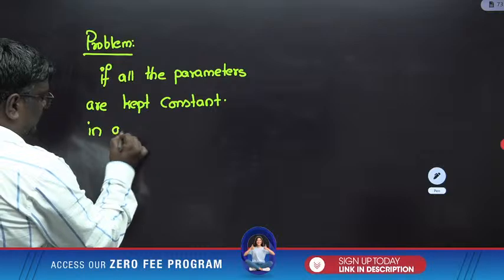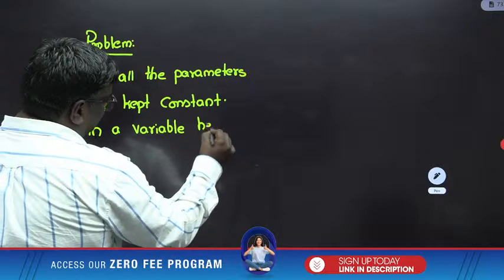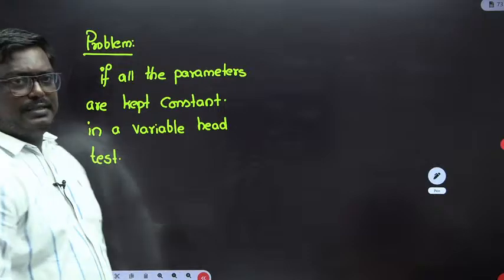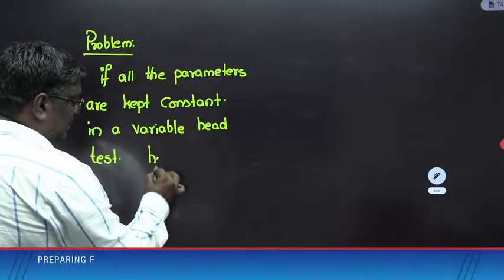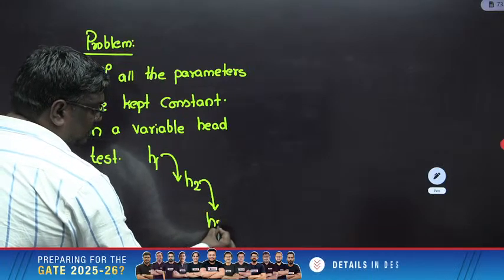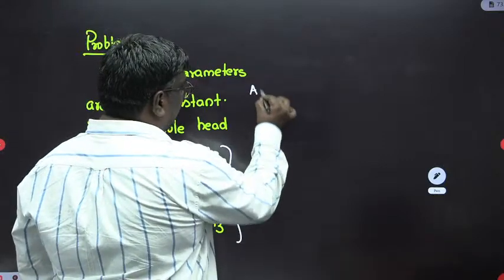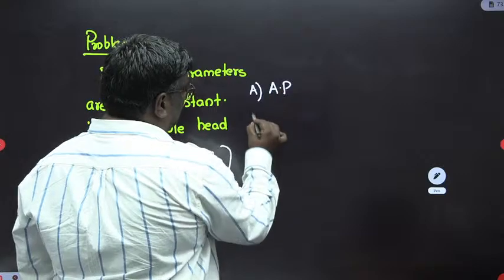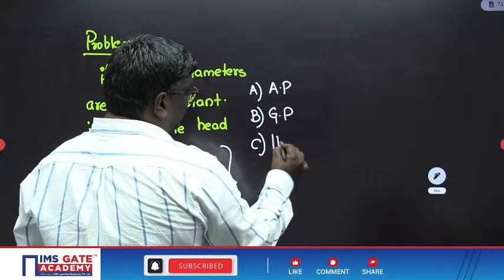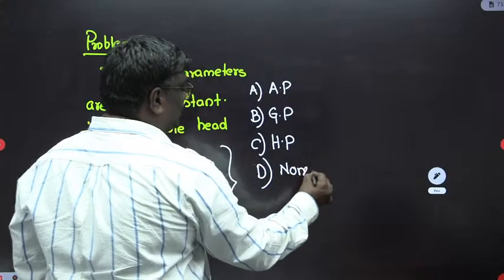If all the parameters are kept constant in a variable head test, here see, head is falling from H1 to H2 and H2 to H3. Now they can ask you the options. The heads will be in the relation of option A, arithmetic progression, option B, geometric progression, option C, harmonic progression, and option D, none of the above.